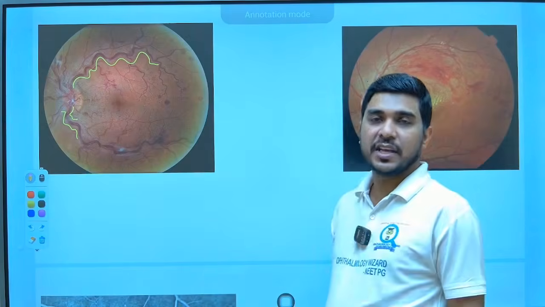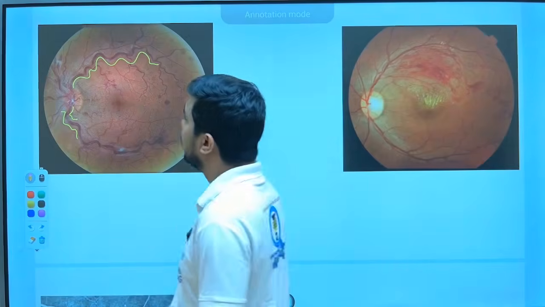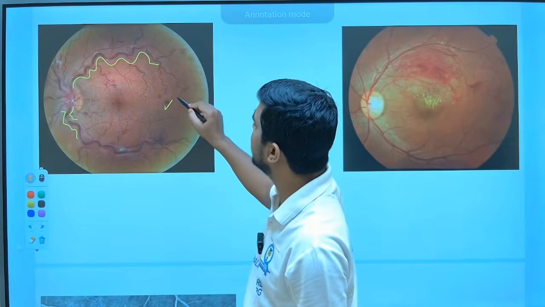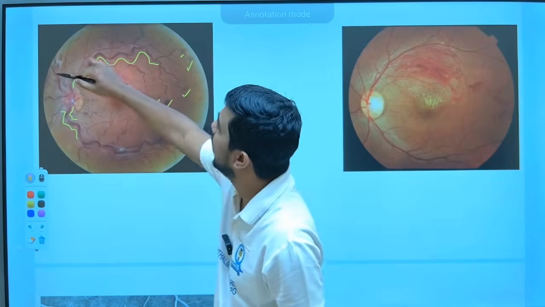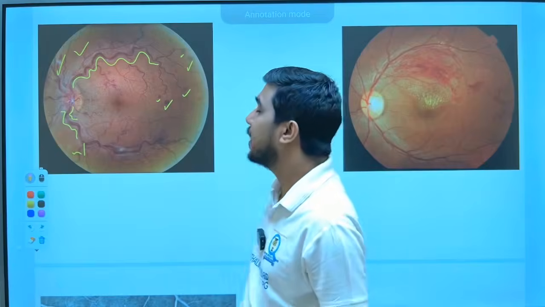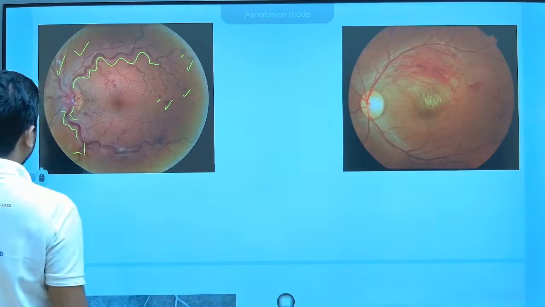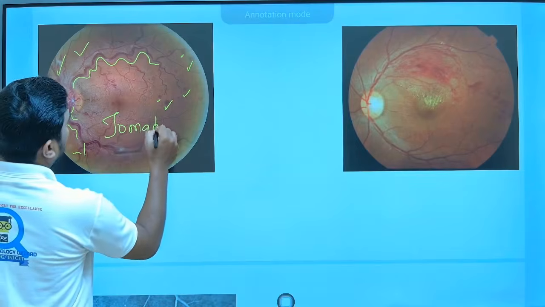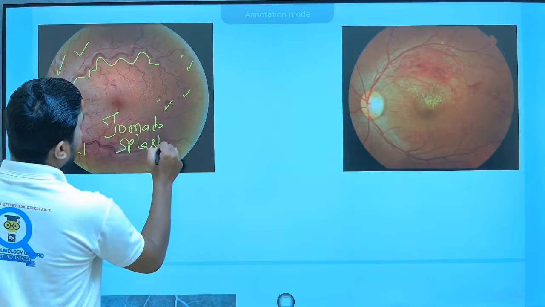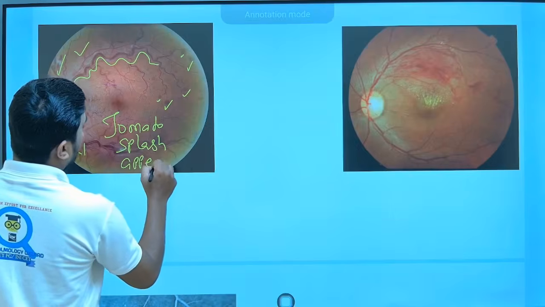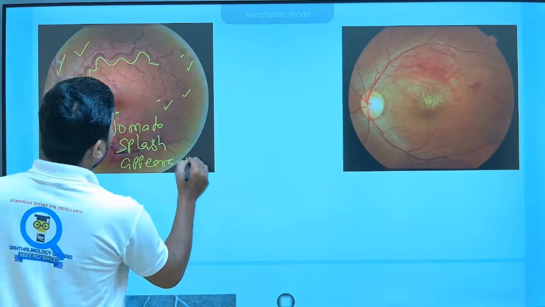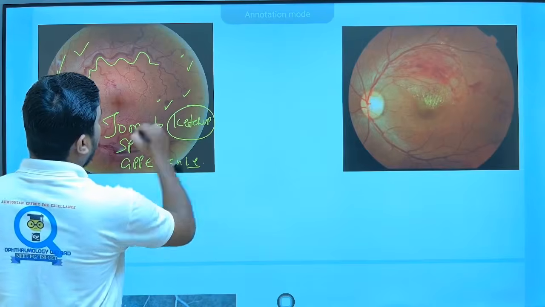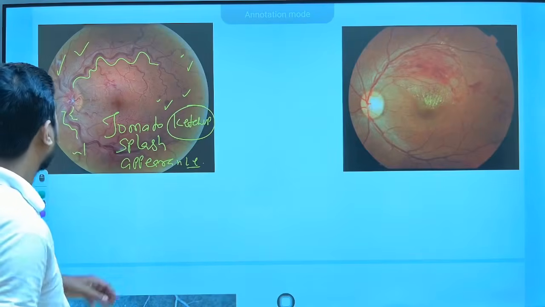So there is tortuosity, thickening of the blood vessels, and hemorrhage everywhere, like a tomato splash appearance, or tomato ketchup appearance. So what is this?